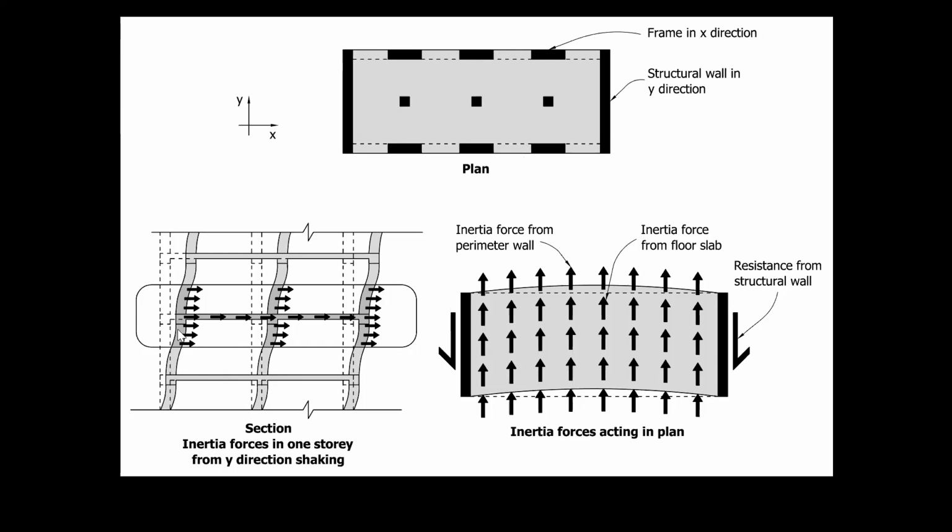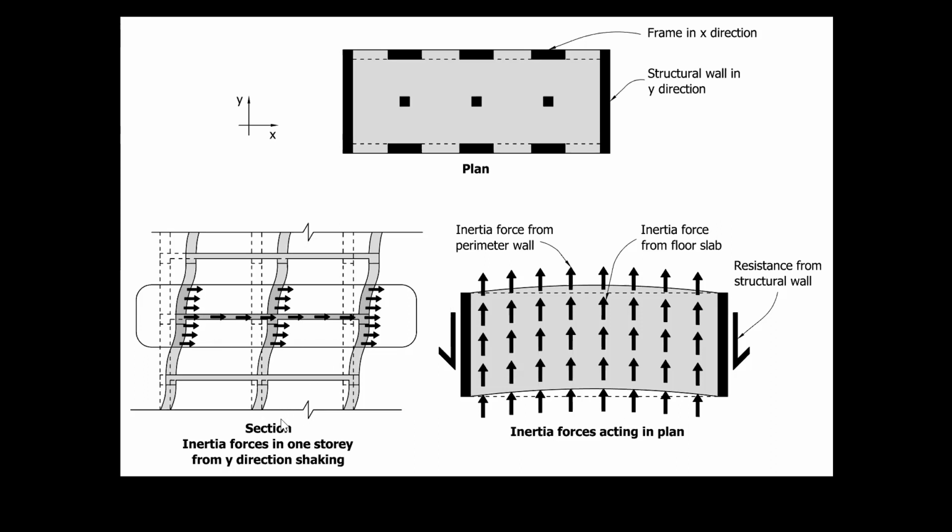The columns bend and the whole building sways sideways during the shaking. It sways or it drifts sideways. And the reason is because of the inertia forces. Wherever there is mass, there is an inertia force. So there's inertia force from the floor slabs, inertia force from the columns and walls.